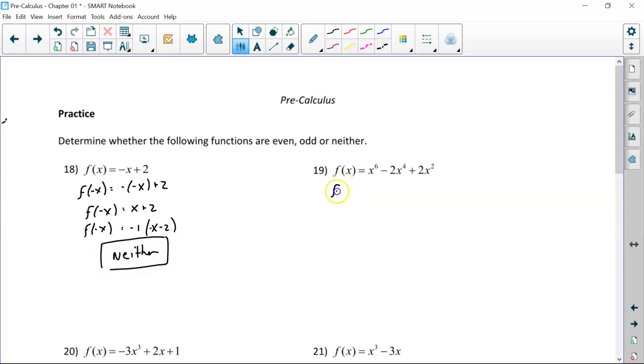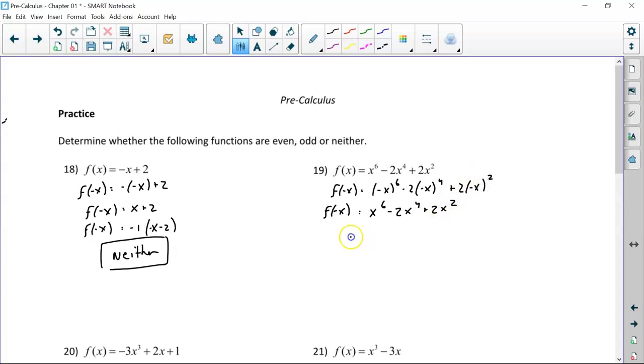Try number 19. f of negative x equals negative x to the 6th minus 2 times negative x to the 4th plus 2 times negative x squared. Negative to the 6th power is going to be a positive, so it's going to be x to the 6th minus 2, negative x to the 4th is x to the 4th plus 2, and negative x squared is just x squared.